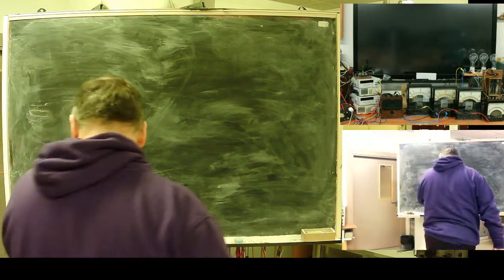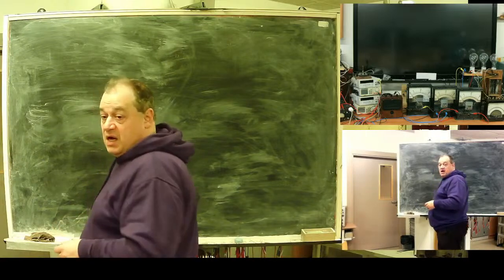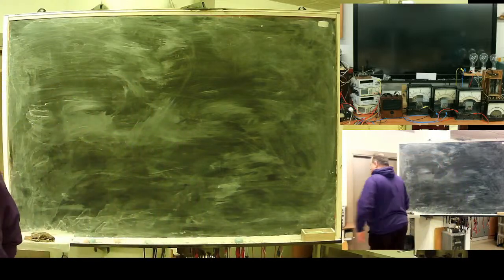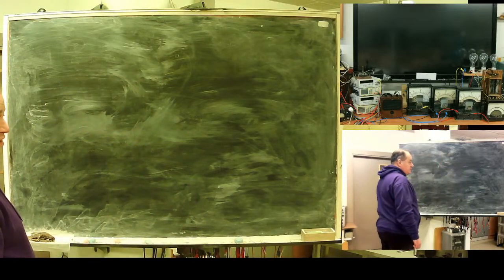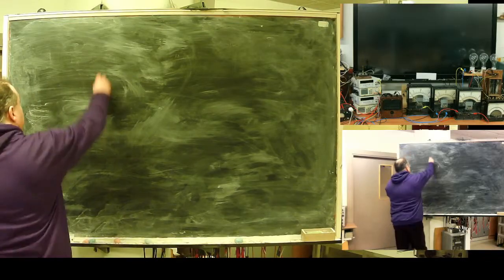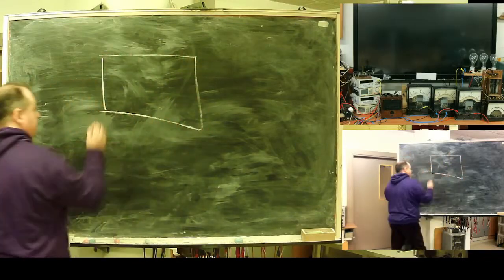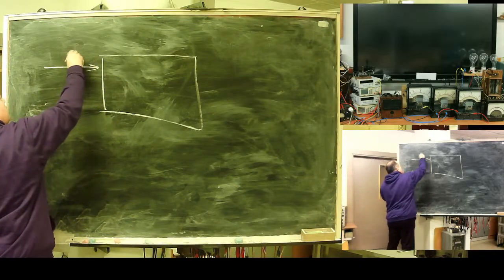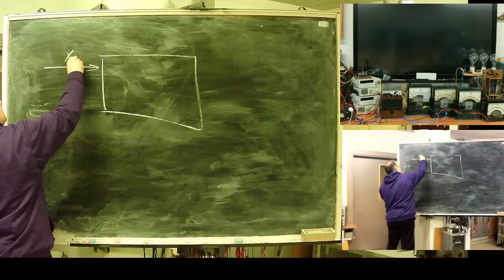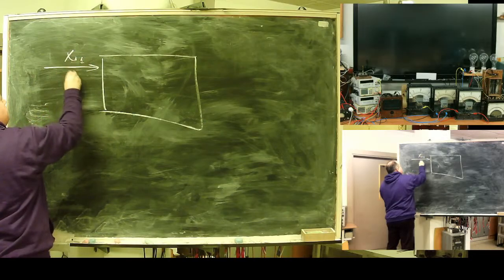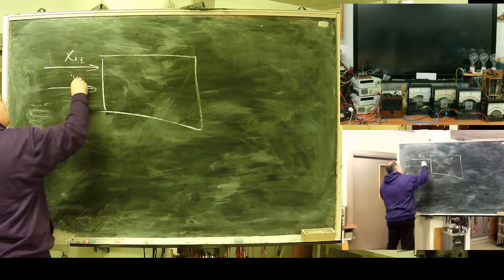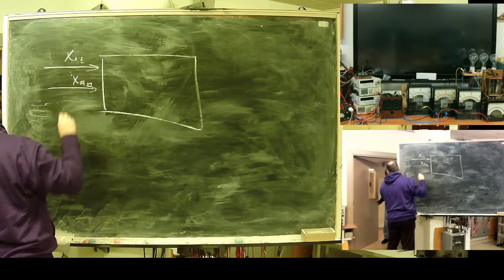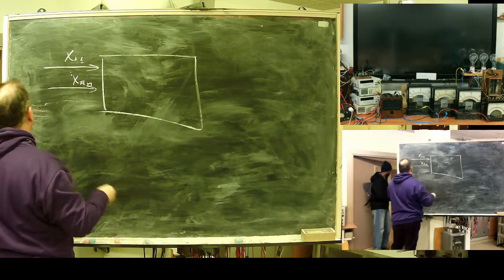Let's try to look at our intellectual device. What we have in general. A box. We have analog signals, let's say XA1, XA.